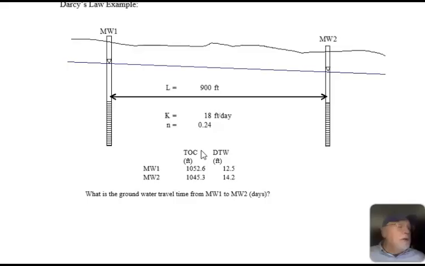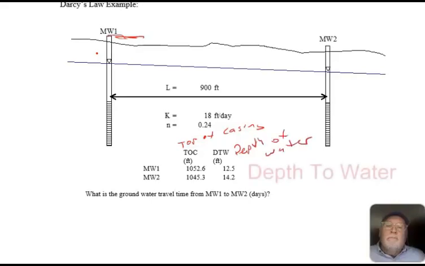So what I'm measuring is I have the TOC, top of casing, so it's the elevation up here, and then DTW is depth of water. So it's the distance from the top of casing down to the water level.